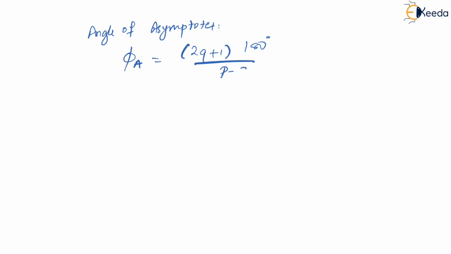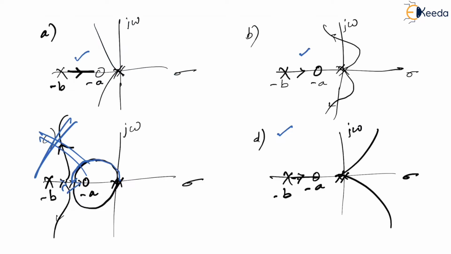So, angle of asymptotes, which is denoted by phi a. We know that it is equal to (2q plus 1) into 180 degrees upon p minus z. Now, what is p minus z?